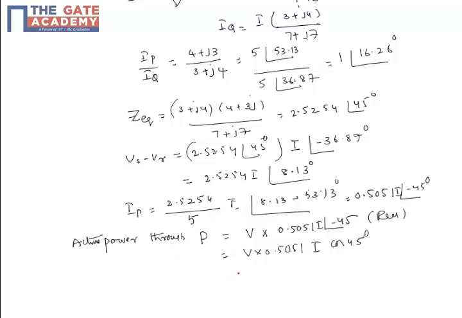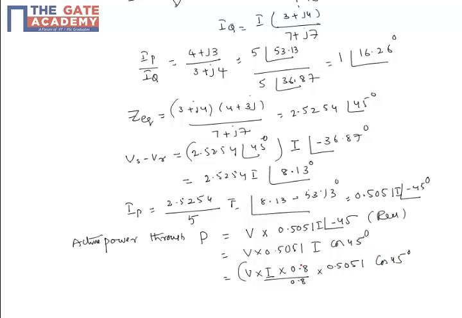So this is equal to V into I, and I will divide and multiply with 0.8, into 0.5051 into cos of 45 degrees.